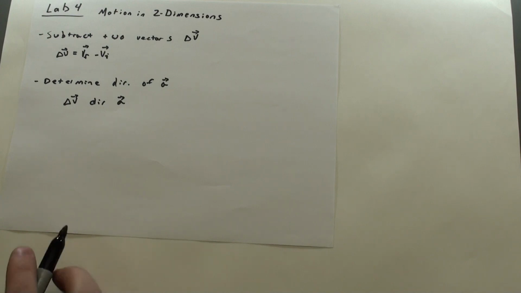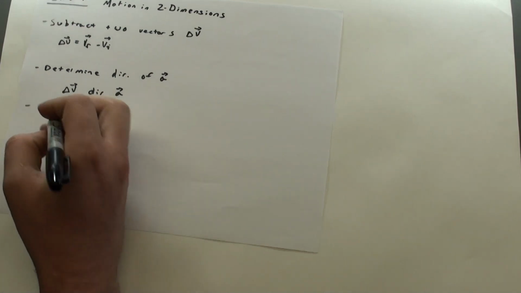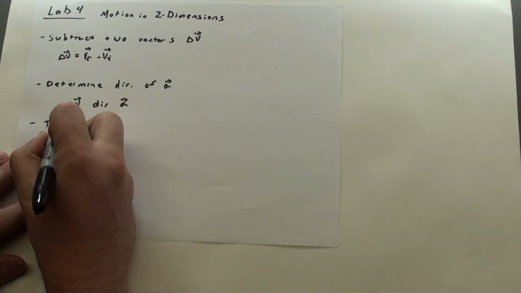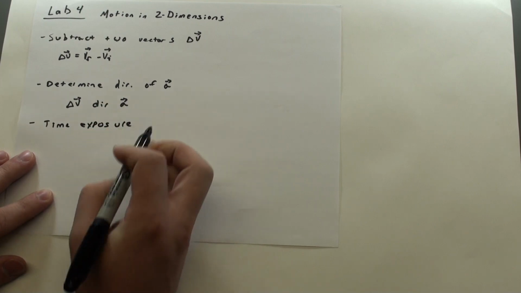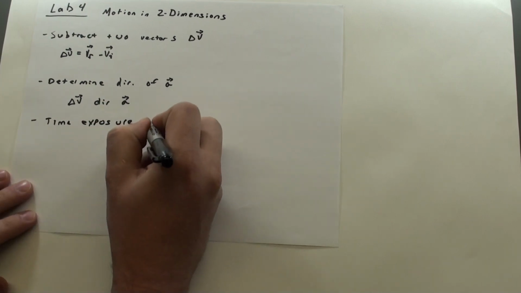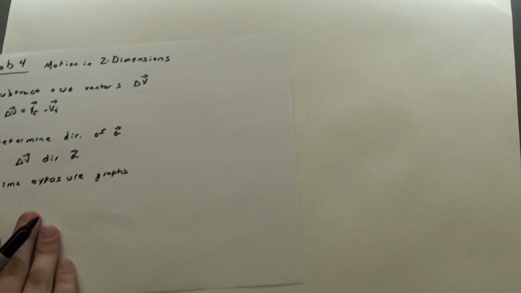The other thing that we're trying to cover is we're going to learn how to use time exposure graphs. Time exposure graphs are sometimes a bit difficult for people to understand, so I'm going to try and break it down as simply as we can. So with that, I'm going to bring out a binder here.